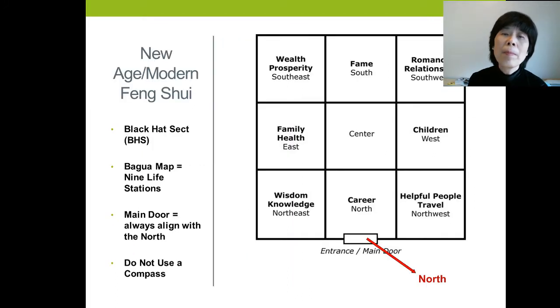First up is the New Age or the modern Feng Shui. It's a new and simplified form of Feng Shui that has recently emerged in the West, which traditional and classical Feng Shui practitioners refer to as New Age or modern Feng Shui.